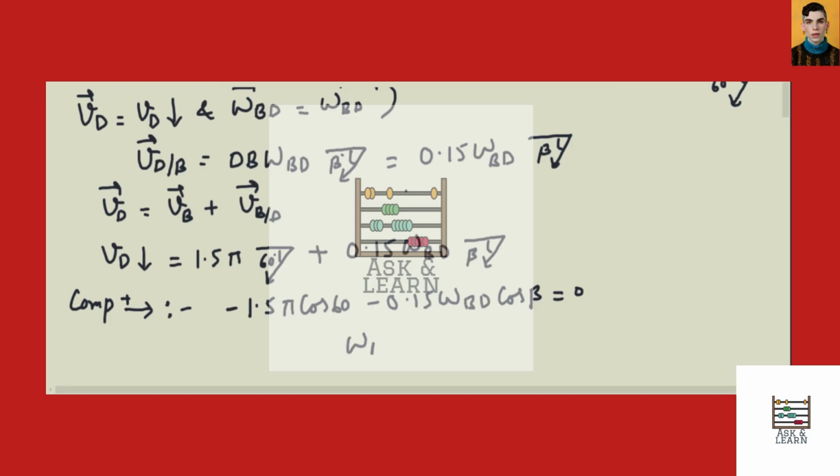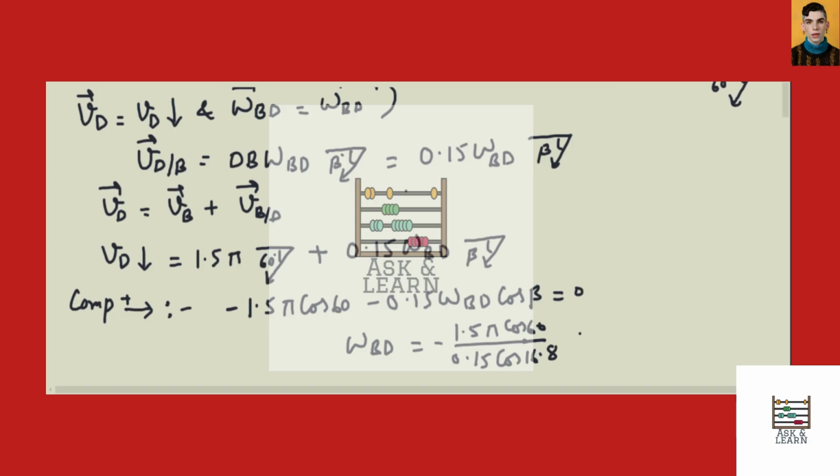So omega BD is negative of 1.5 pi cos 60 divided by 0.15 cos of 16.8.